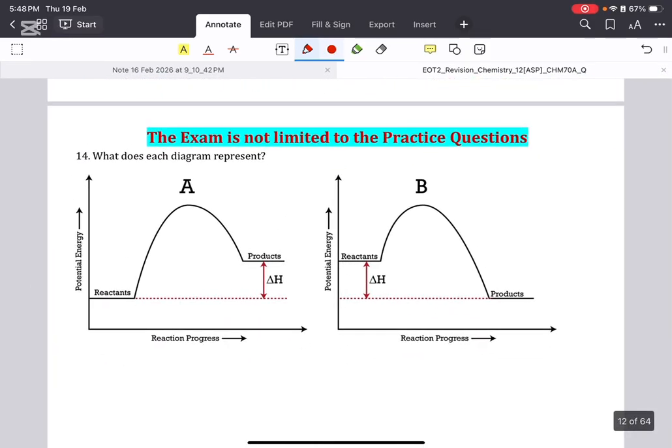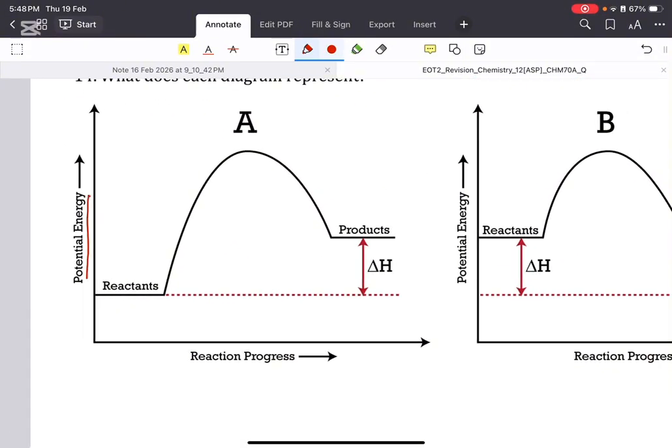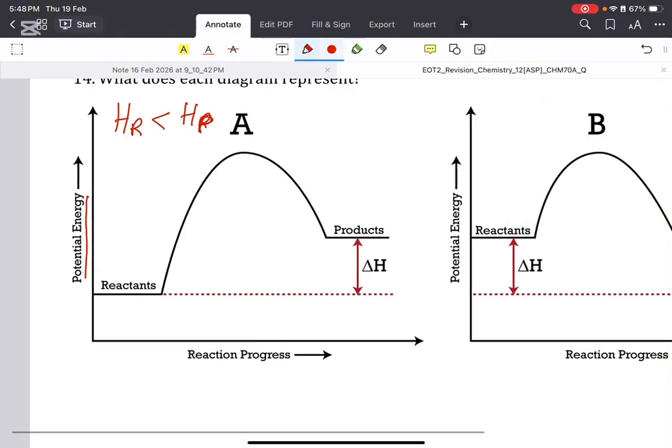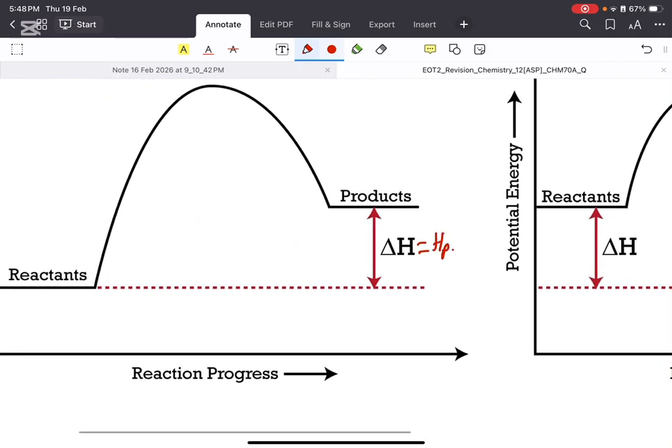Again, what does each diagram represent? In this diagram, the potential energy of the reactants is lower than the potential energy of the products, or you might say the enthalpy of the reactants is less than the enthalpy of the products. Delta H is final minus initial.